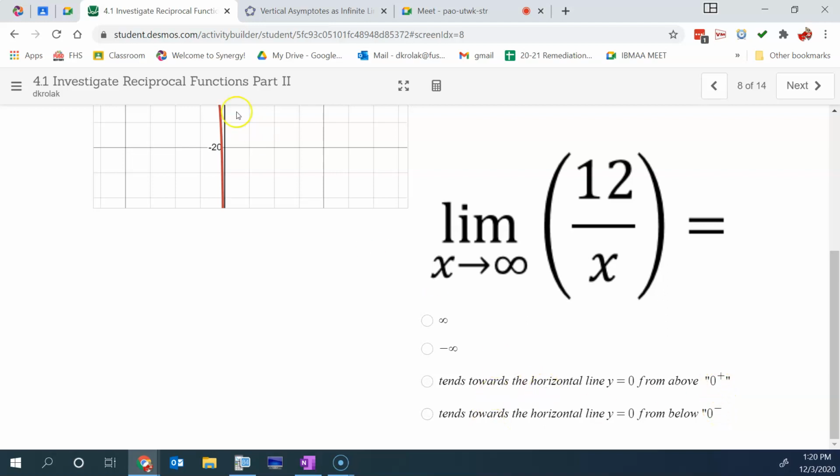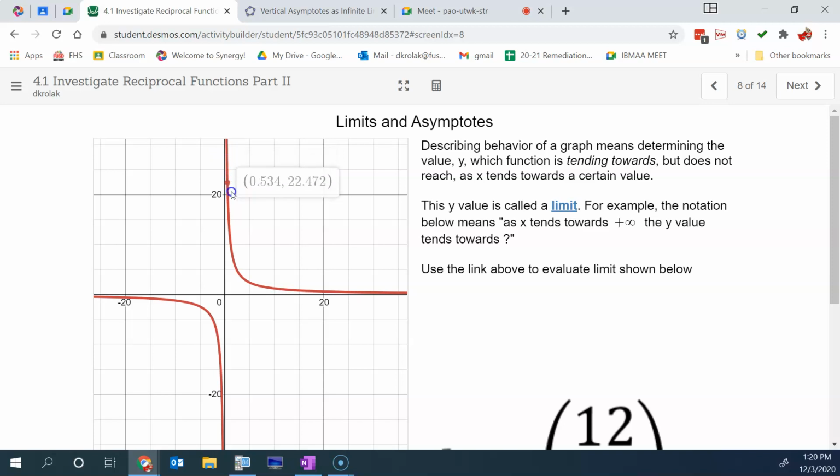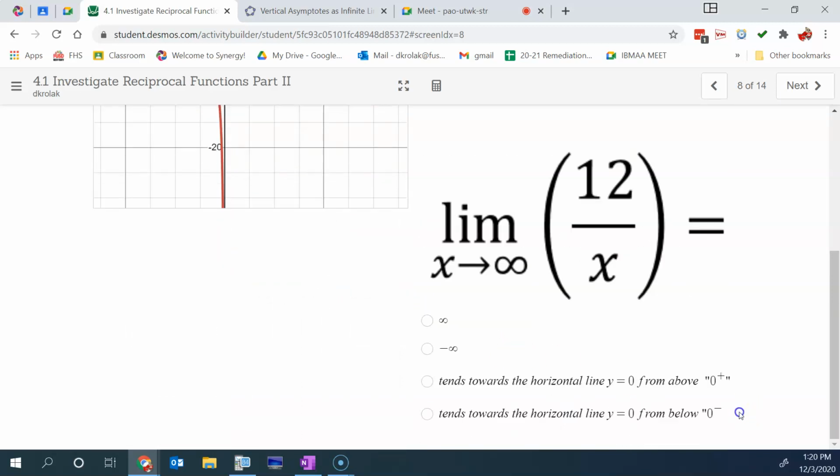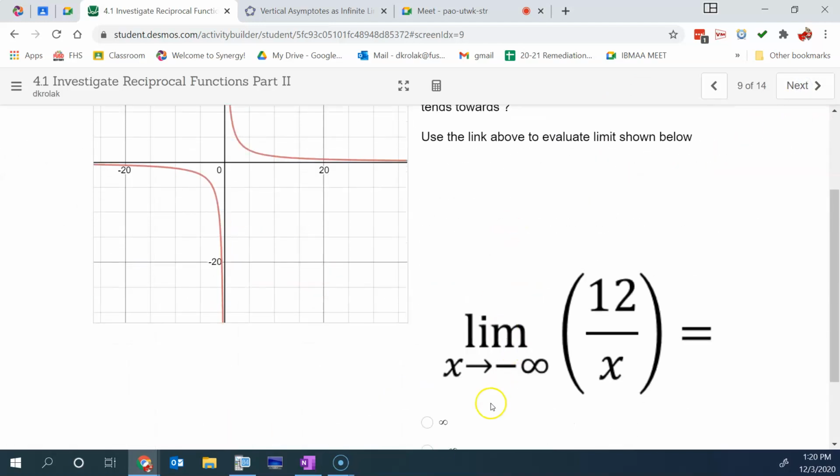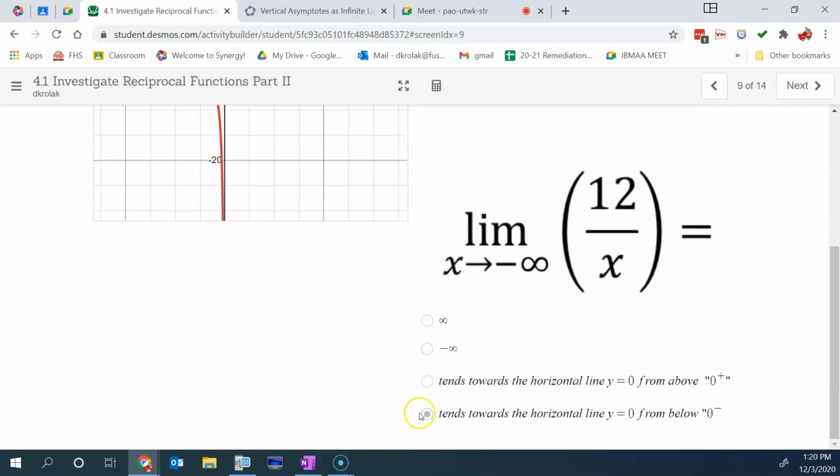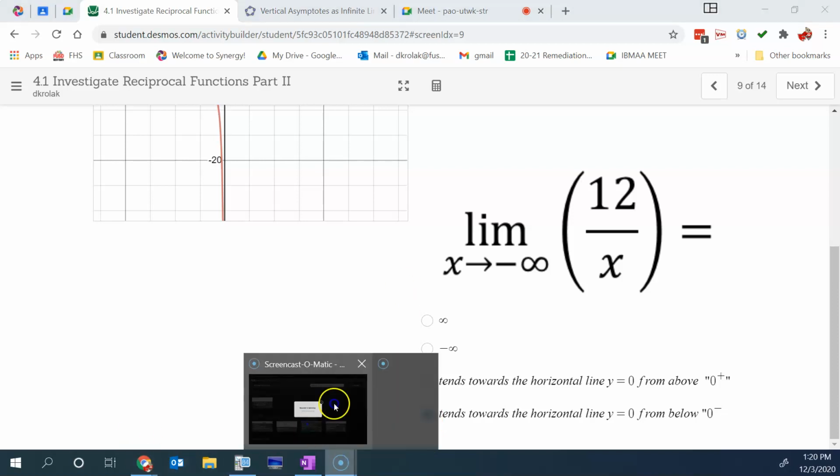Right, in this case, you're coming into 0 from above. So now this means I'm approaching 0 from above. And now if we were going out to negative infinity, we're now approaching 0 from below. So this would be 0 from below. All right, guys, we'll pick up with this mañana.